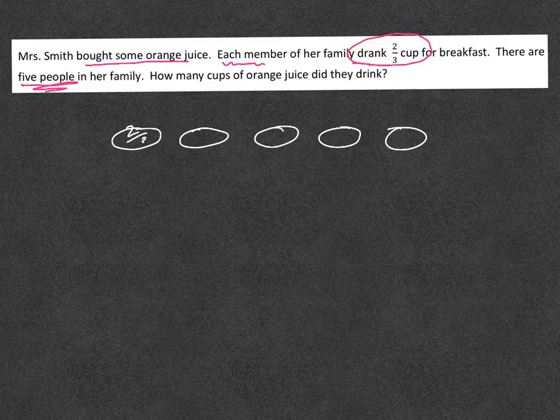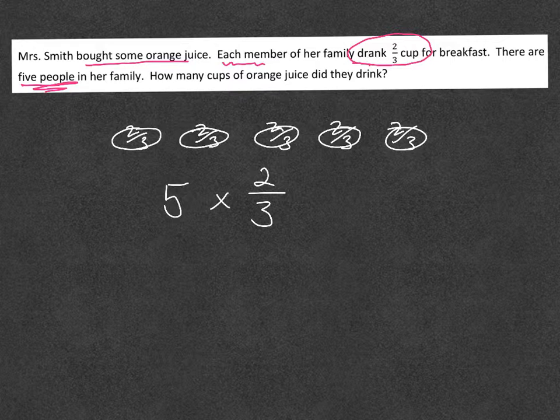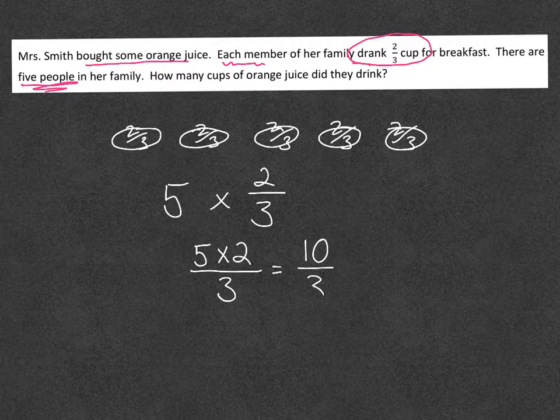Here's a 2/3, here's 2/3, right? This is basically saying the same thing that we've been doing. 5 groups of 2/3. And when we do this, it becomes 5 times 2 over 3, which is 10/3. So they drank 10/3 of a cup for breakfast.